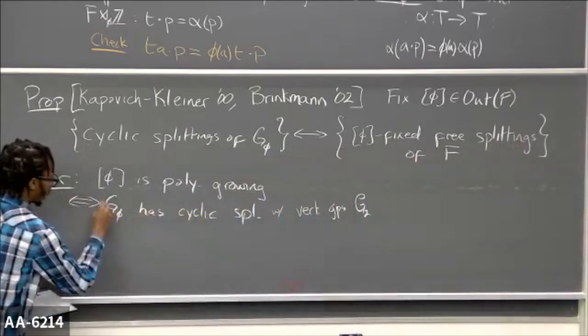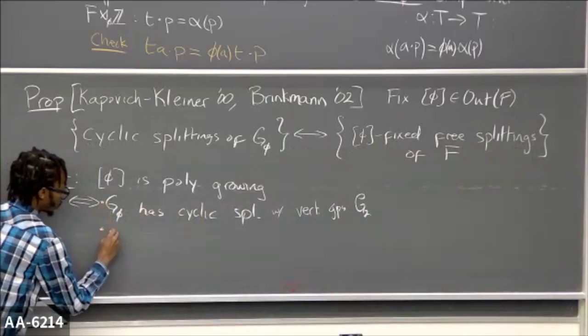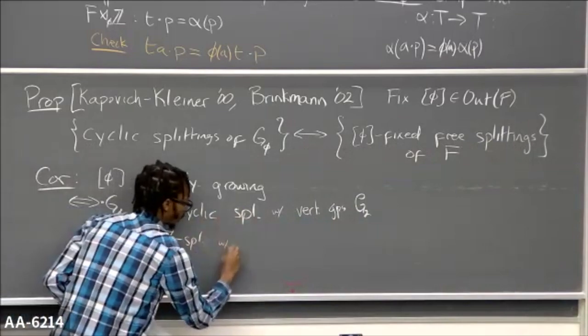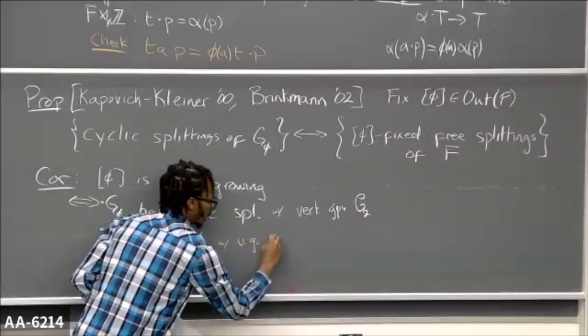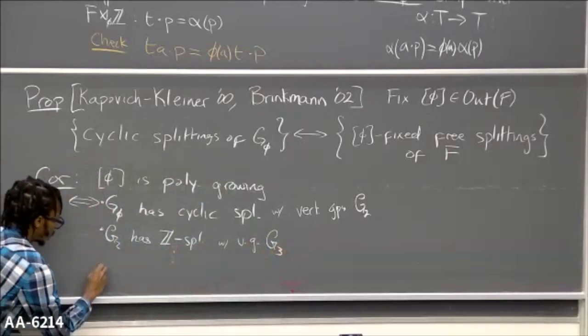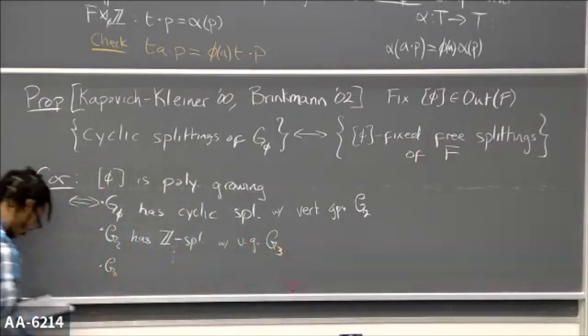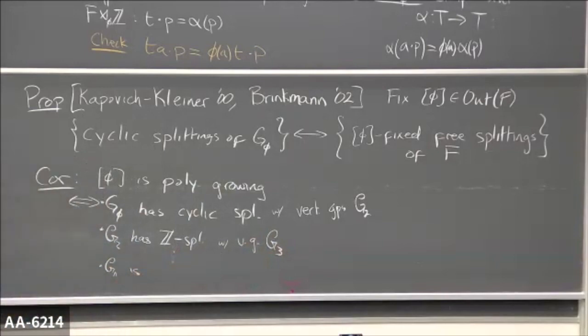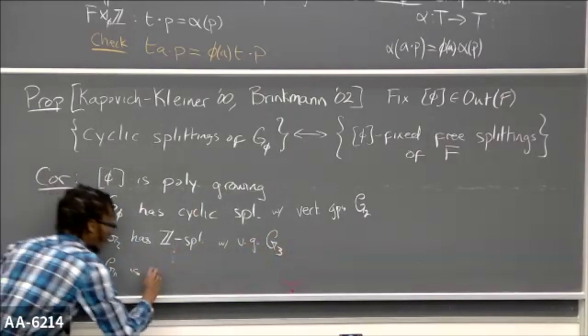And then G2 has a Z splitting with vertex groups G3 all the way down to Gn. At the bottom you should have something where you just have the identity, or something that's finite order, so that gives you that it is virtually a product.